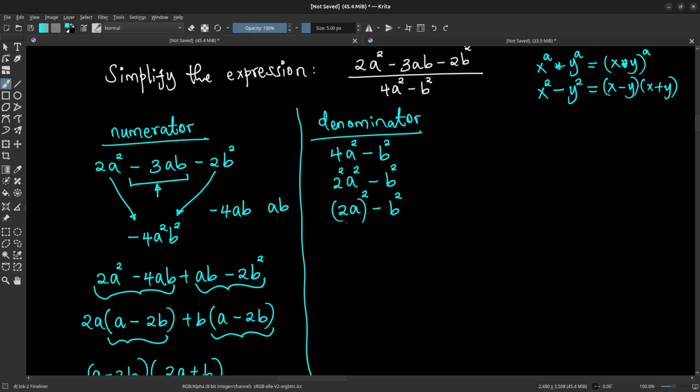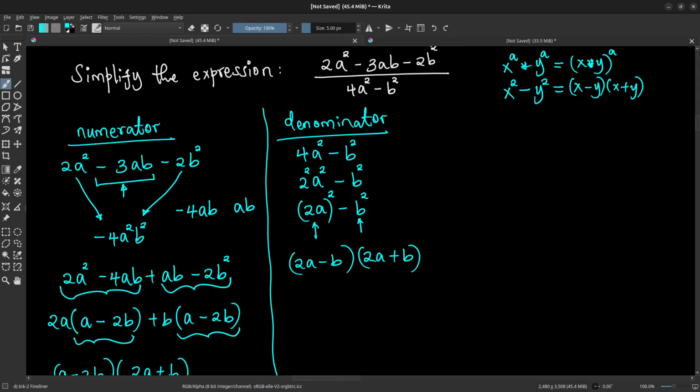In our case, the x will correspond to 2a, and the y will correspond to b. So this becomes 2a minus b times 2a plus b. So this is the simplification of the denominator.